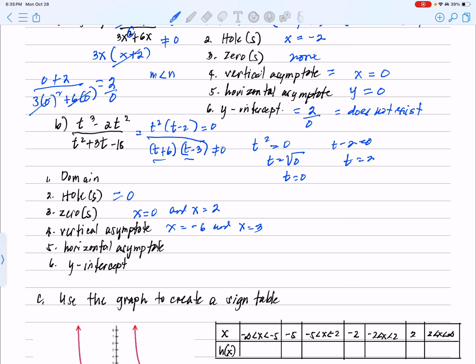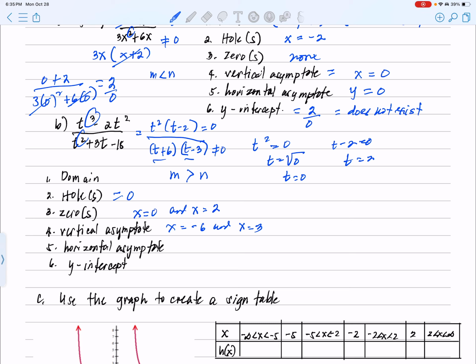Horizontal asymptote. Let's look at the degrees. m is greater than n, which means the degree of the numerator is greater than the degree of the denominator.